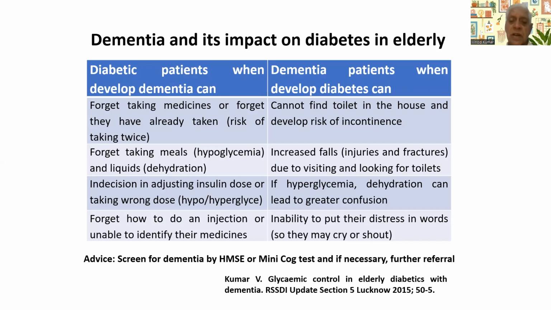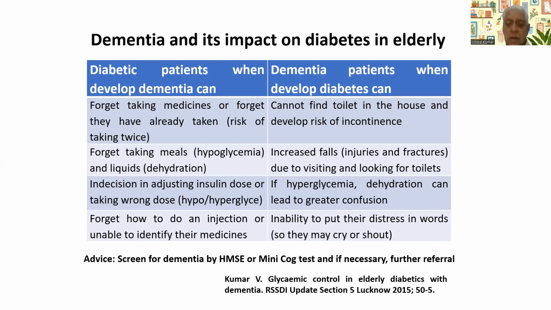If the dementia patient develops diabetes, he may not be able to find the toilet in the house and be unable to hold the urine, and he runs the risk of incontinence. He may fall in the night while looking for the toilet and get injured or even fractured. If there is too much high blood sugar, hyperglycemia, he can face dehydration, which can lead to confusion.